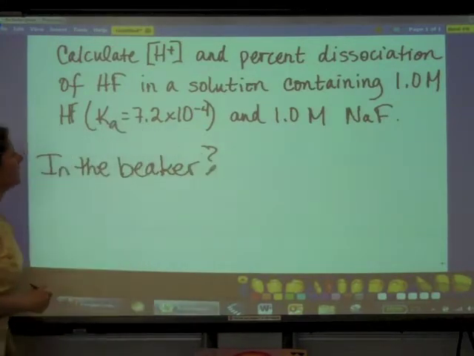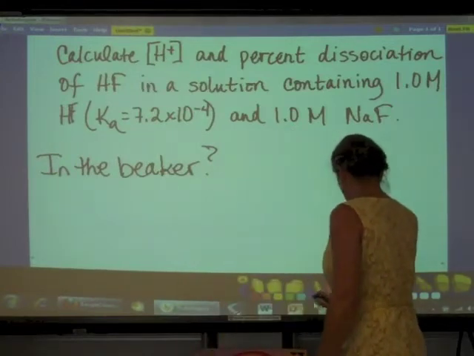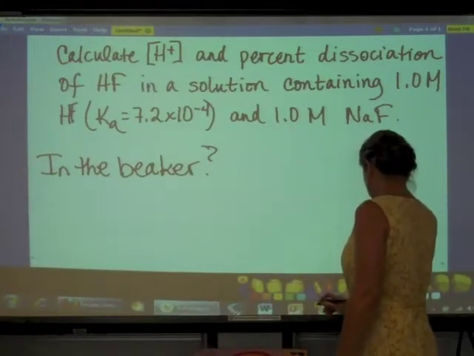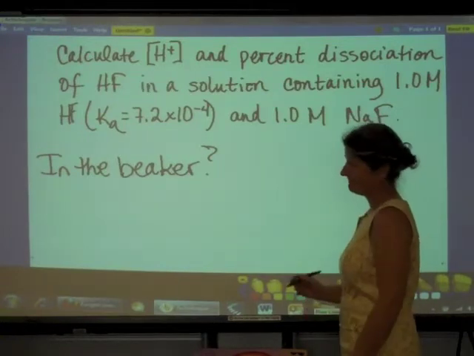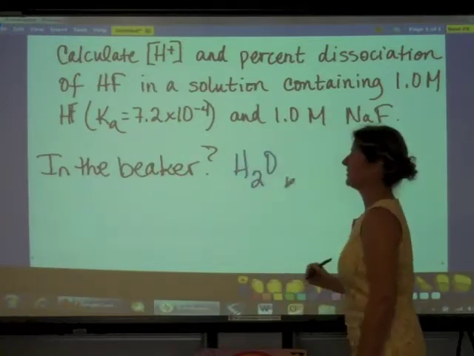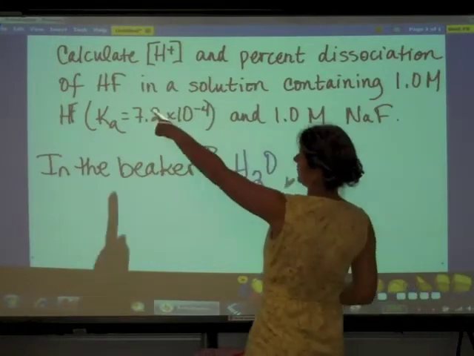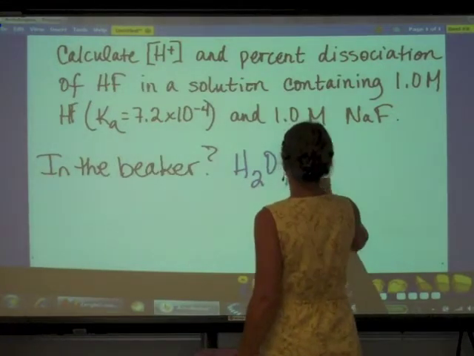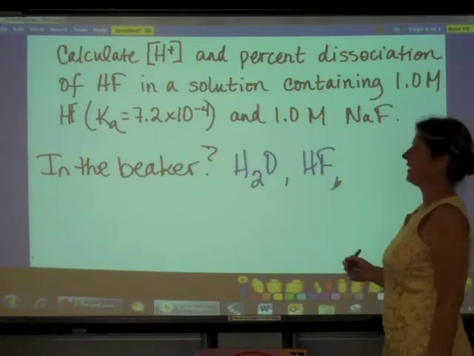Okay, so what do we have in there, you guys? Well, we've got water. We've always got that. What else is in that beaker? Hydrofluoric acid, because it's a weak acid. It's pretty much all associated.